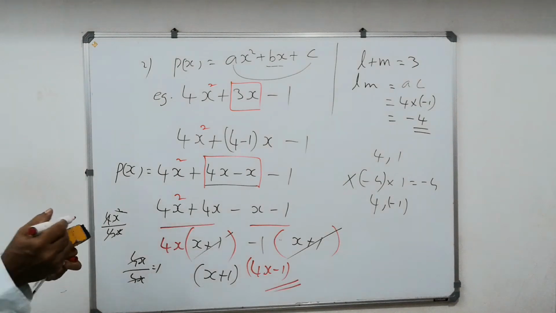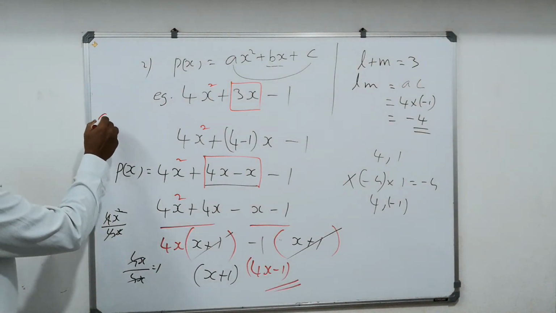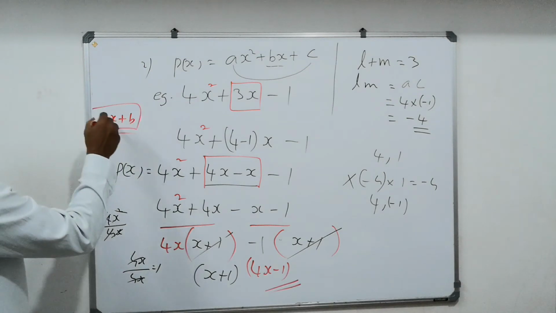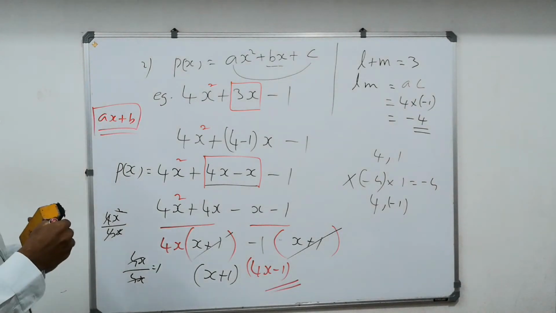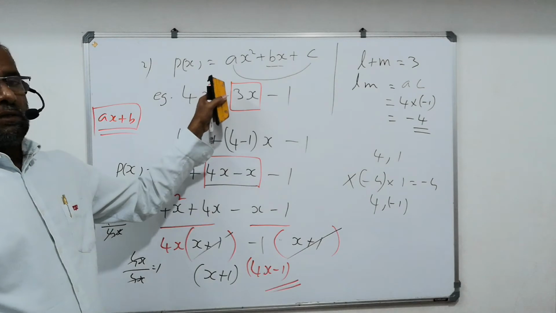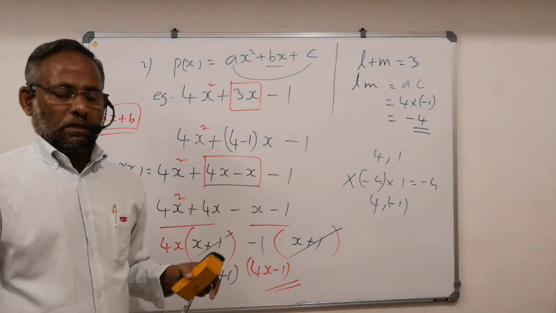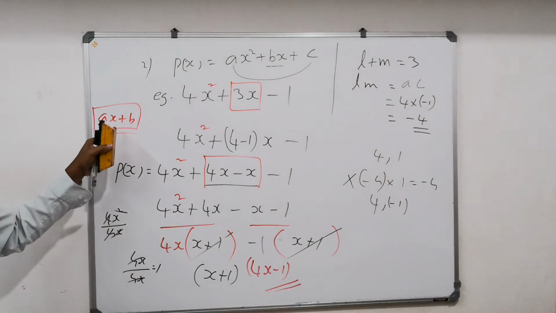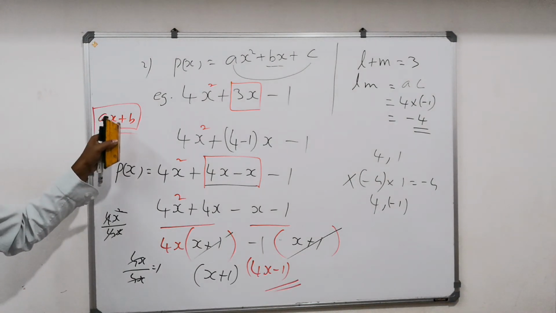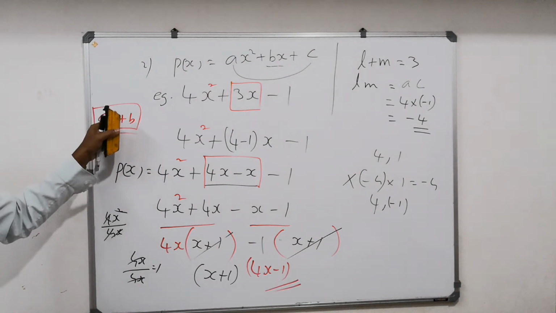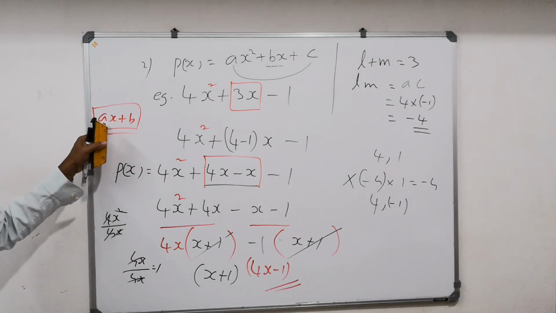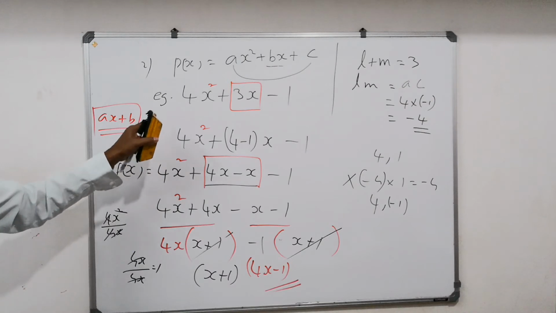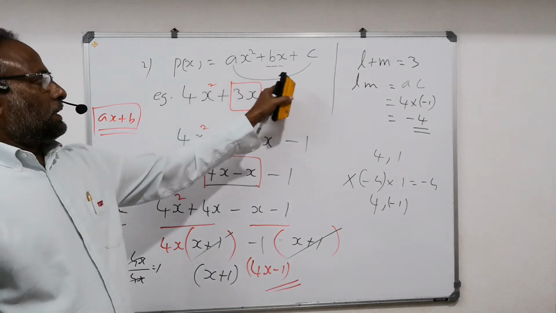If it has power 1, it is a linear polynomial, and if it has power 2, that is a quadratic polynomial with 3 terms.